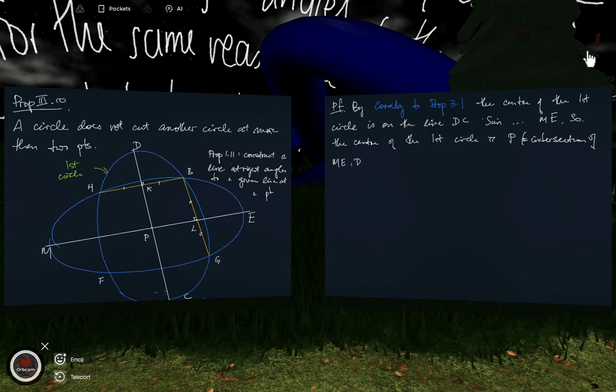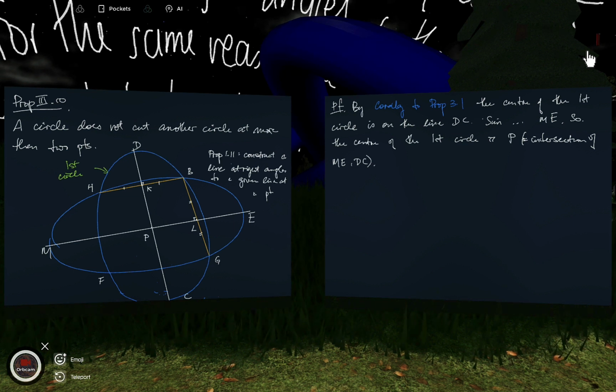Wait, what? I didn't follow that. So we know the center is the midpoint of ME and the midpoint of DC. But why is that? Oh, but it has to be on both lines, and for the same reason. Yeah, as we both explained. Okay.